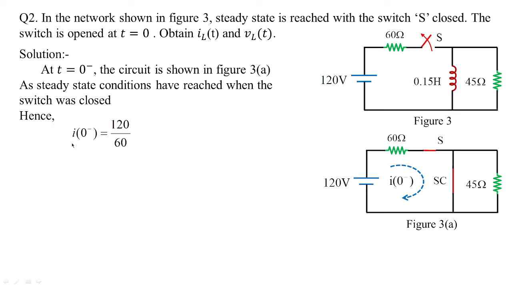With this I get the value of the current when the switch was closed, which is 2 amperes. This is the information I have obtained across the inductor when it is shorted. So it will remain as it is. So I of 0 plus is also 2 amperes. So this is step 1.